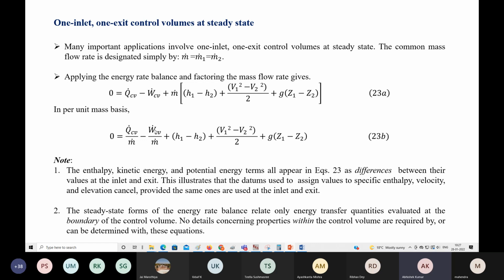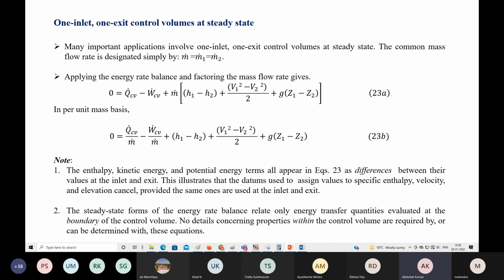And potential energy: if there is, suppose, a 100 meter or 500 meter height difference, then when you compare the potential energy with respect to the kinetic energy, at higher altitude differences it would have meaning.